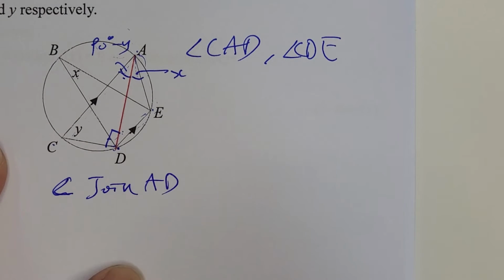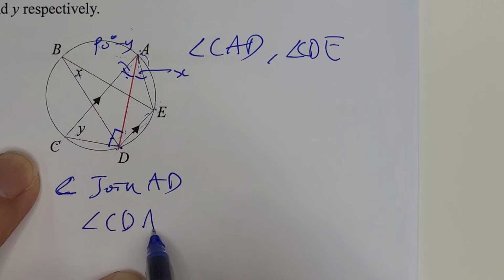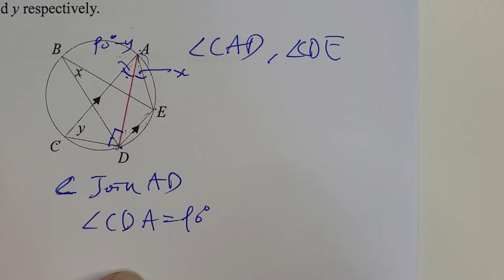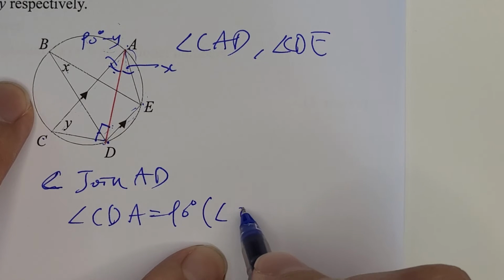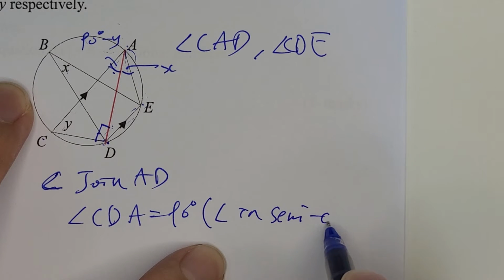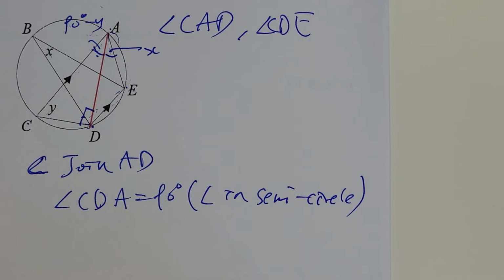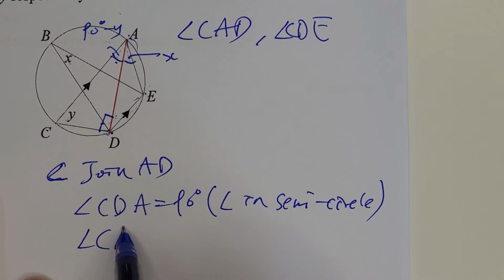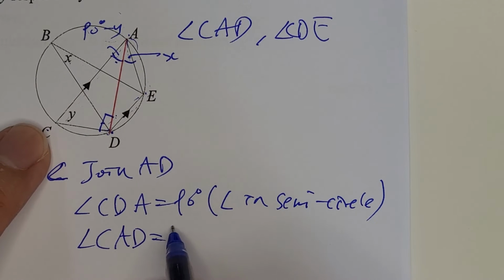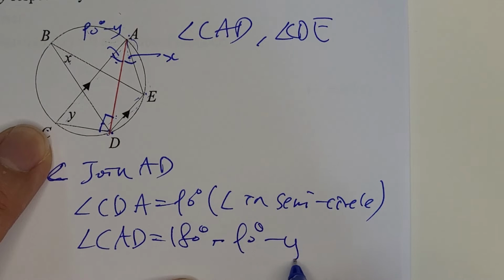Join AD, and then angle CDA equals 90 degrees because angles in semicircle. So you can say this angle CAD equals 180 degrees minus 90 degrees minus y.